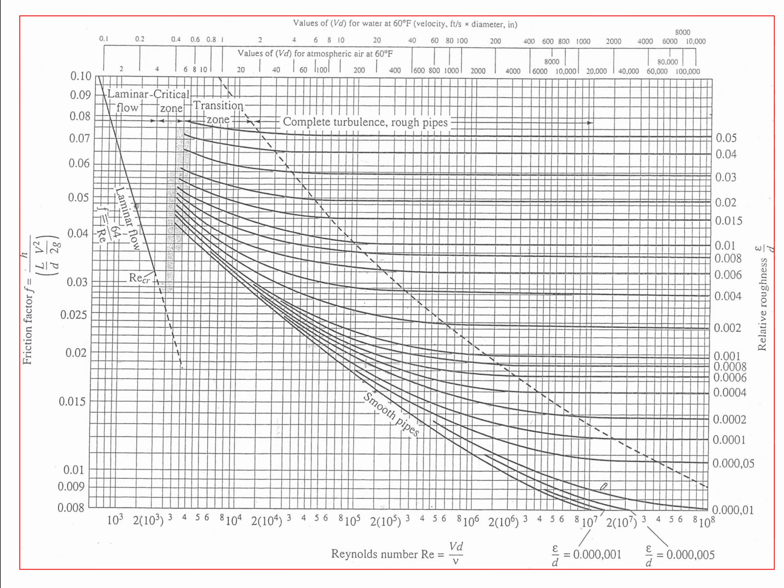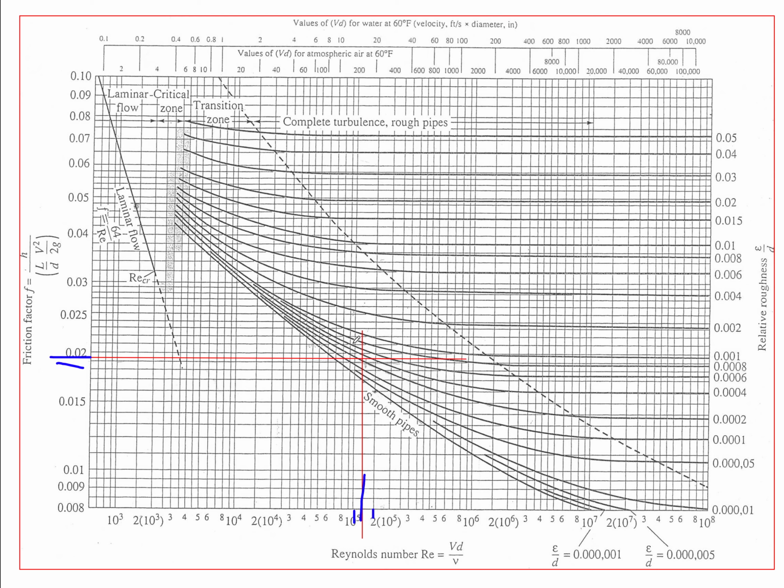So this is our Moody Chart, and we have a Reynolds number of 129,000. So this is 100,000, this is 200,000 here, and so we're working along this line. We also have the friction factor to be 0.019, so we're somewhere right there.